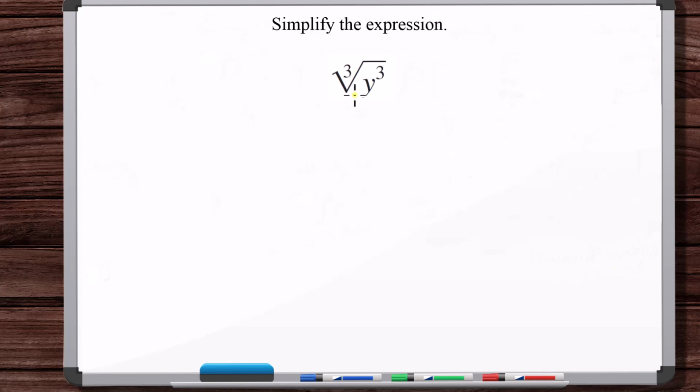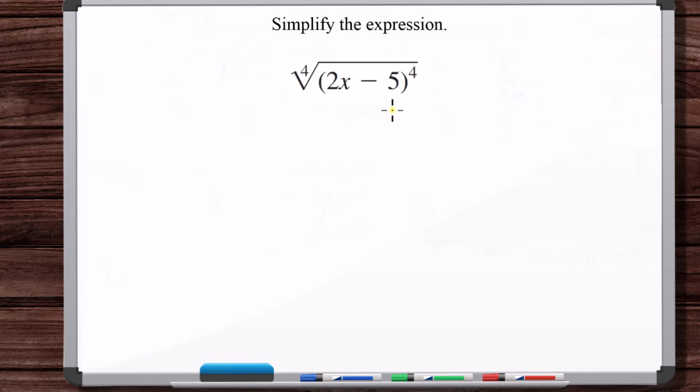Now here we've got the nth root of a variable to the n, but the index is odd. So this is just going to be what you would think it is. It's like y to the 3/3, which is just y. Here we've got, this still is the nth root of a variable to the n.